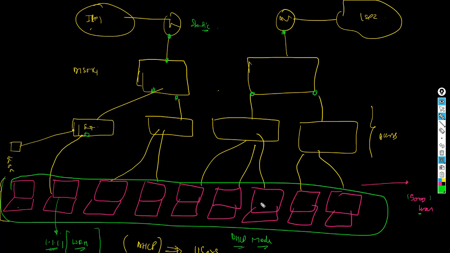But where are we going to configure DHCP? It can be configured on the distribution layer. It can be configured here. I don't say that we cannot configure it on the core. It depends on your network size. If it is small scale, then a lot of small scale enterprises have DHCP configured on the core.